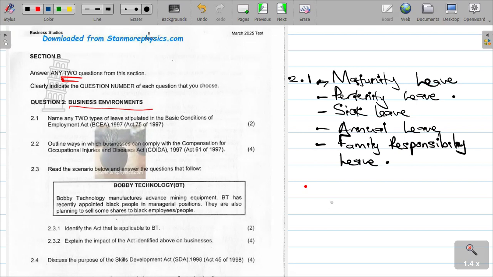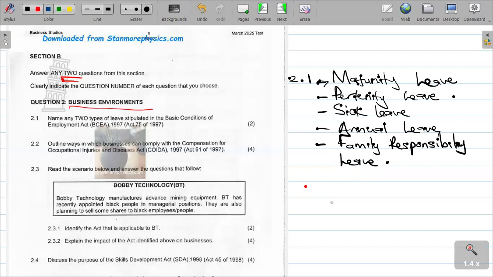So let's go to the question. We're supposed to outline ways in which a business can comply with the Compensation for Occupational Injuries Act. We are going to list ways in which a business can comply with this act.